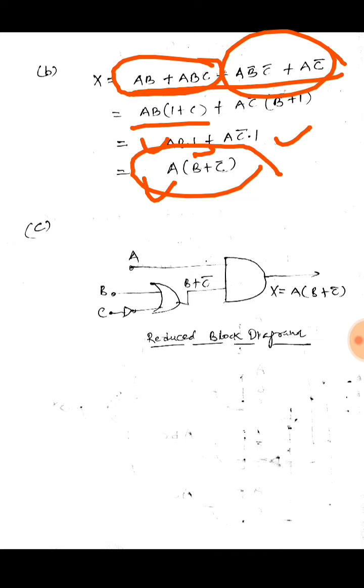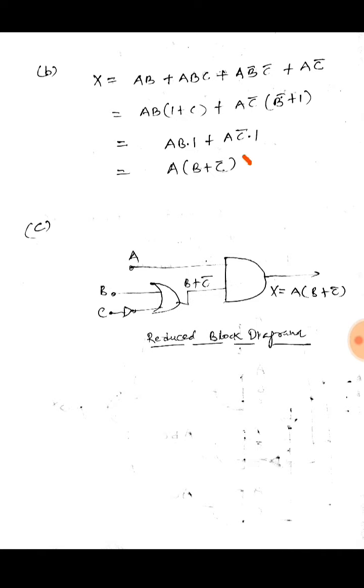So now I have one sum term, that is B plus C bar, so I will use an OR gate for that, and this is multiplied by A, so I will use an AND gate. So you can see, first of all, C goes through a NOT gate and is provided to the OR gate along with B, which will give us B plus C bar.